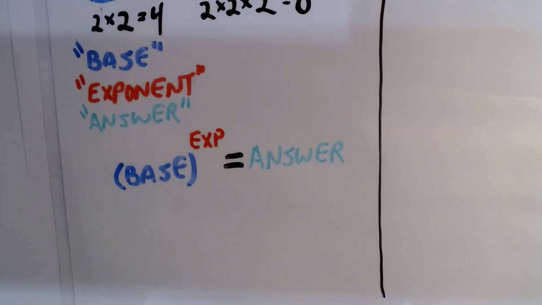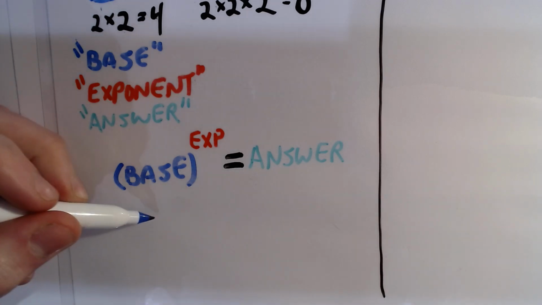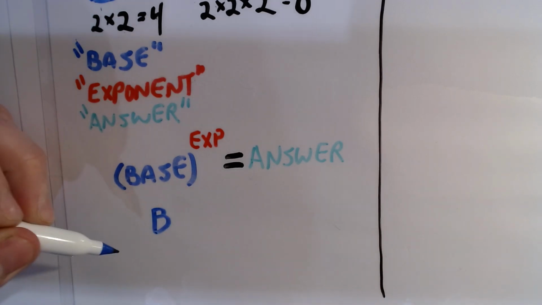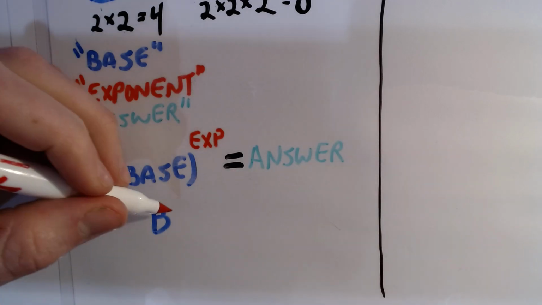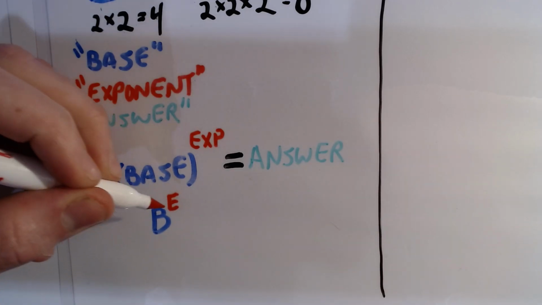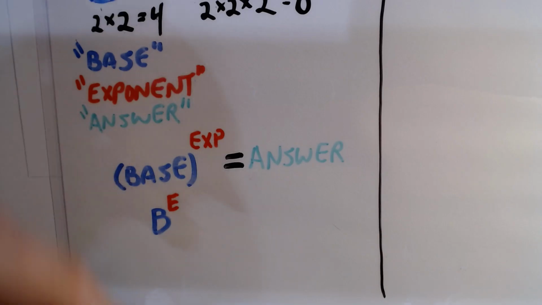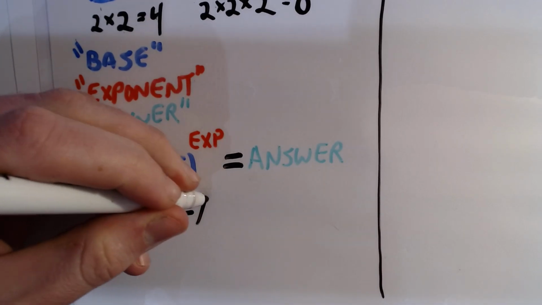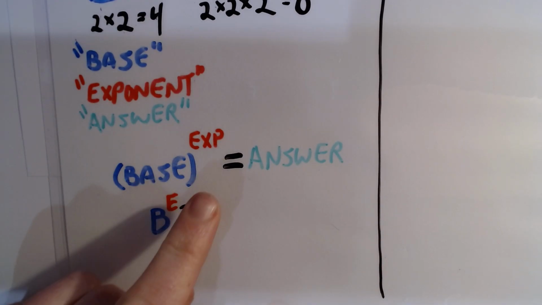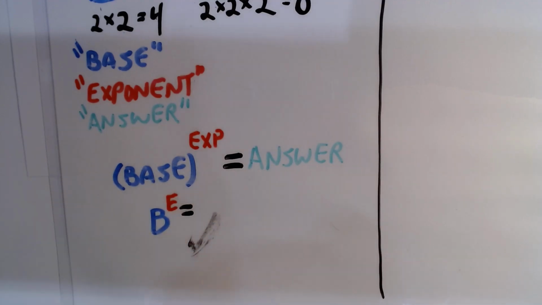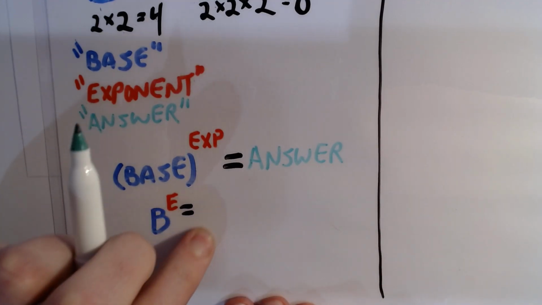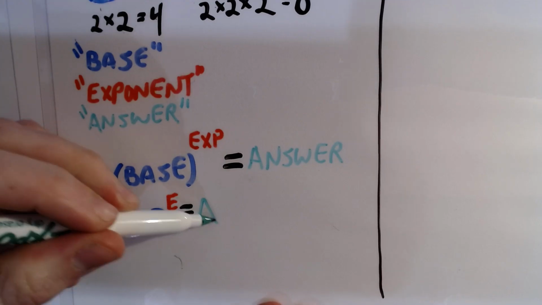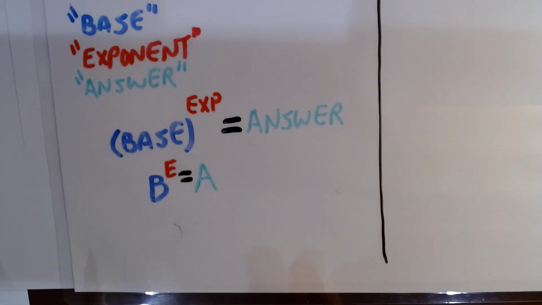Now taking one more logical step here, I'm going to shorten this just a little bit more. Base multiplied by whatever number of times the exponent is going to equal, sorry for putting that in black, I'm trying to keep this color coded, your answer.